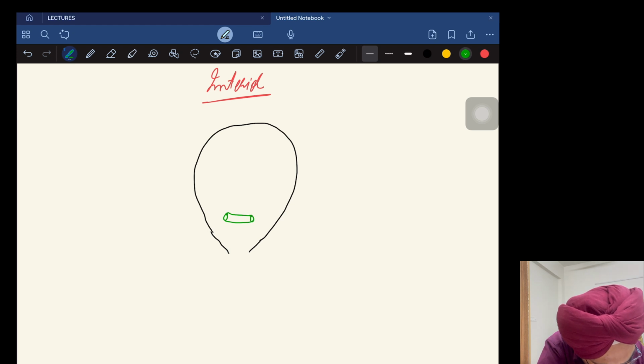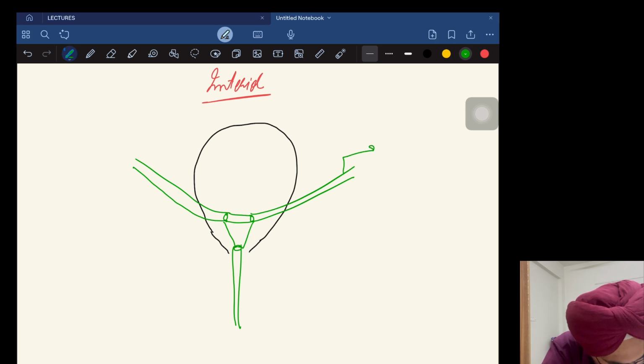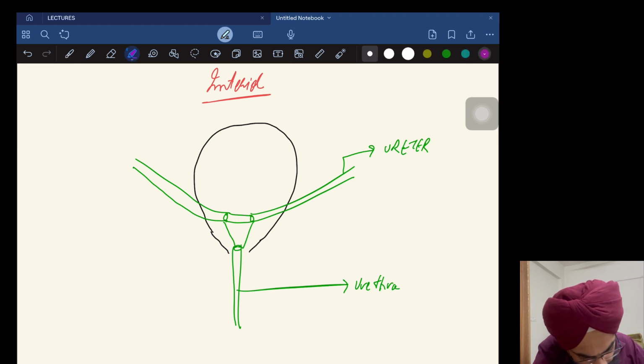Over here you have the bladder trigone. Okay, this is ureter, this is urethra, and this is bladder trigone.